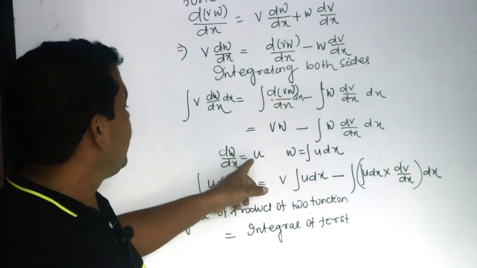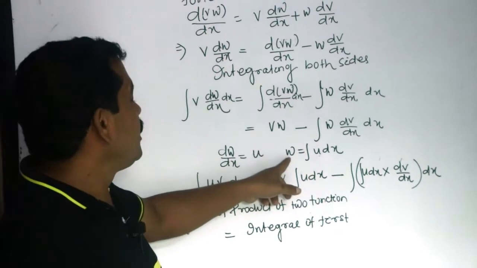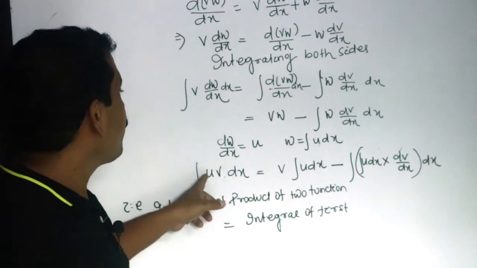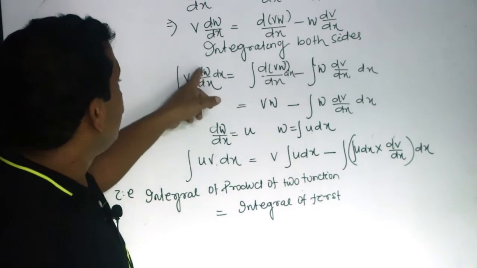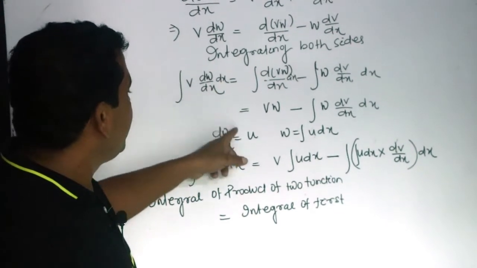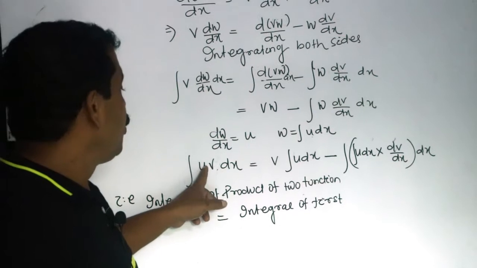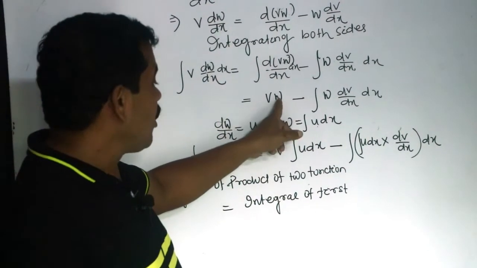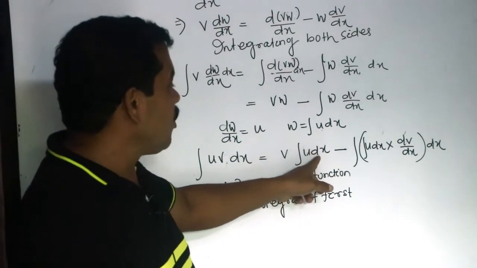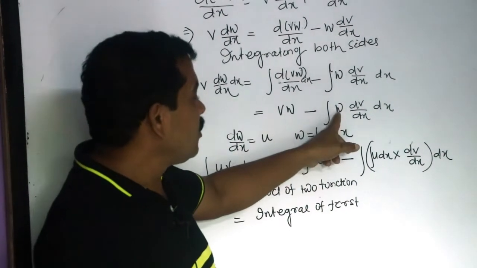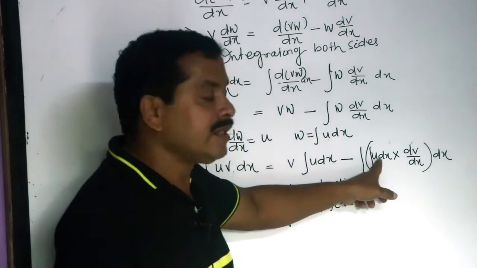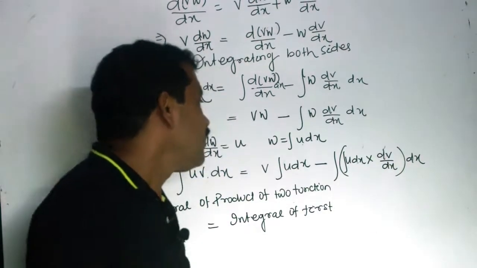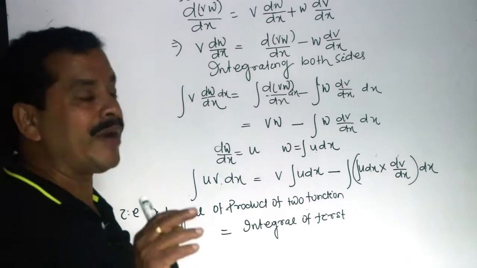Taking dw by dx as u, w equals the integral of u dx. Then the left term becomes the integral of u v dx, equal to v into the integral of u dx minus the integral of (the integral of u dx) into dv by dx dx. That is the rule of integration by parts.